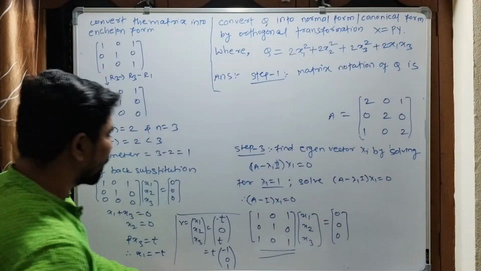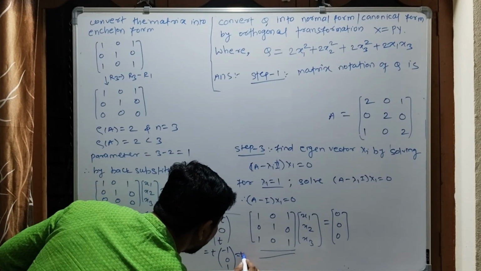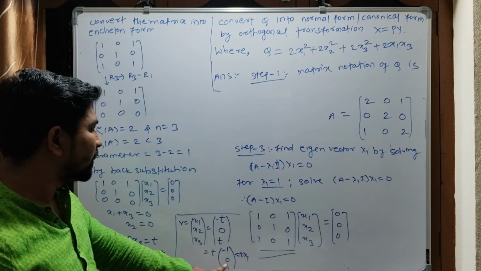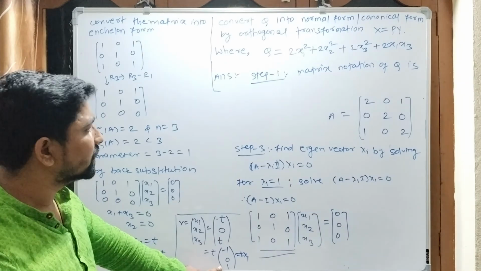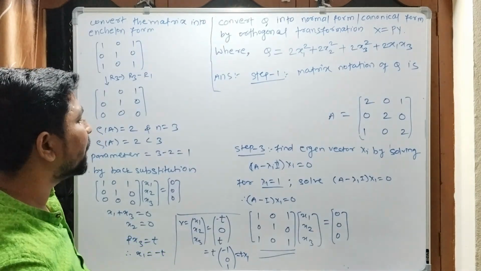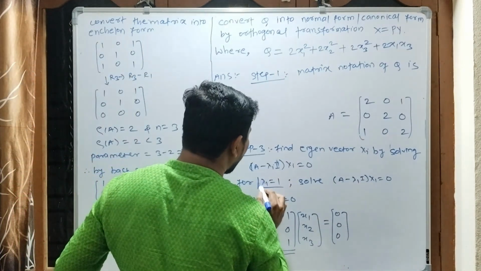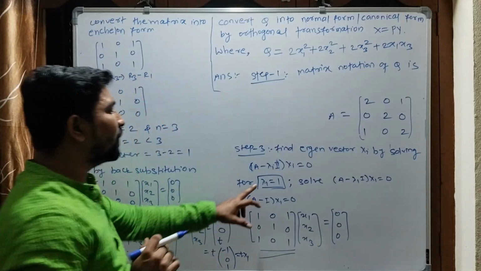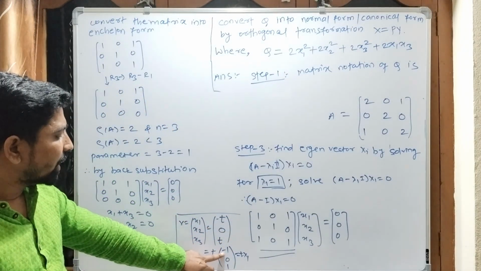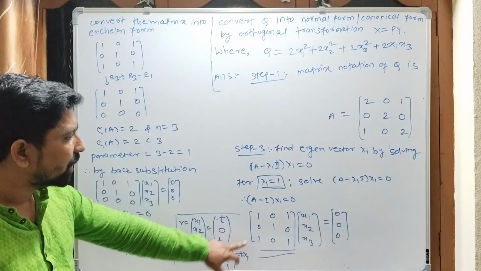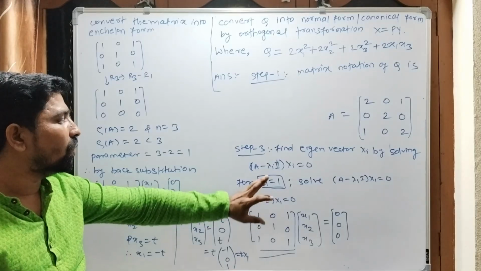So this is t times x1. This is my eigenvector, minus 1, 0, 1, corresponding to the eigenvalue lambda 1 equal to 1.